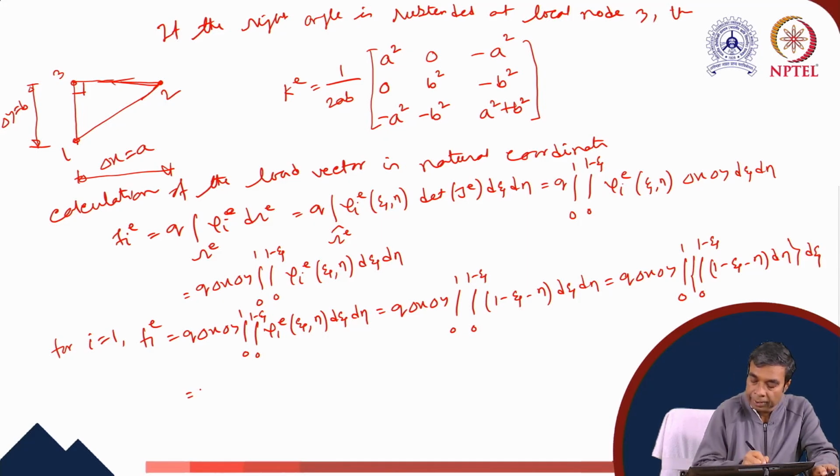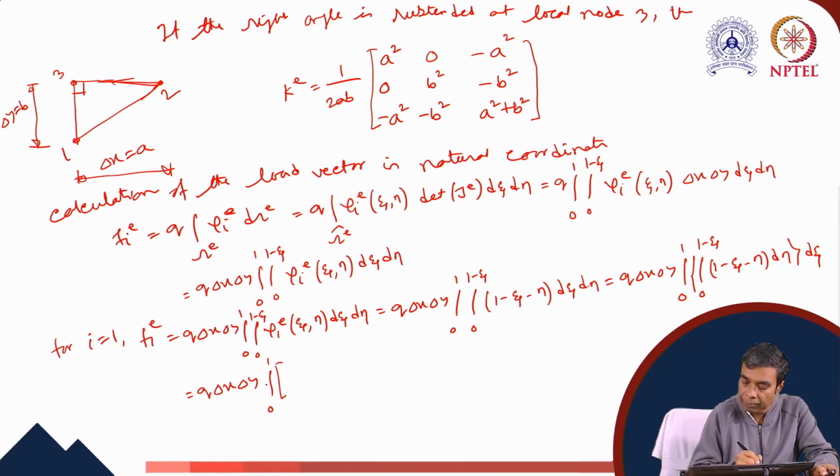This can be simplified as Q del x del y integration over 0 to 1. Here after integration, d eta gives us eta, xi gives us xi eta, and the second eta gives us eta square by 2.